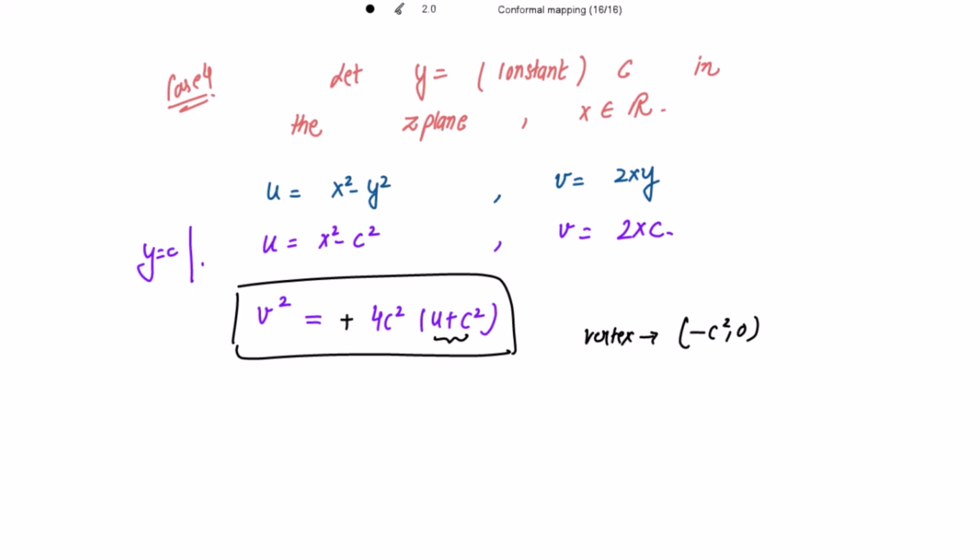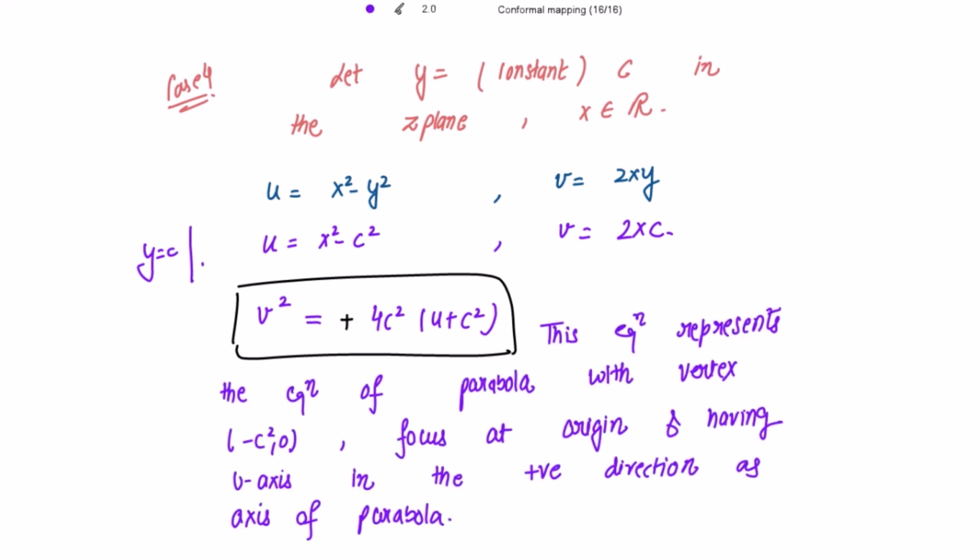So this time the parabola is in the positive direction of the u axis as the axis of parabola. So let's read this. This equation represents the equation of parabola with vertex negative c square 0, focus is at the origin, and having u axis in the positive direction as the axis of parabola.